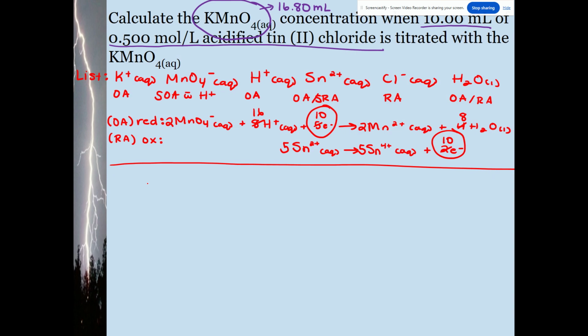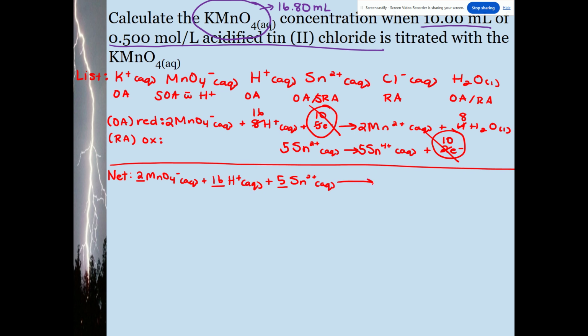Okay? So to write our net ionic reaction, I have 2 moles of permanganate ions reacting with 16 moles of hydrogen ions. The electrons are now gone. And 5 moles of Sn2+.